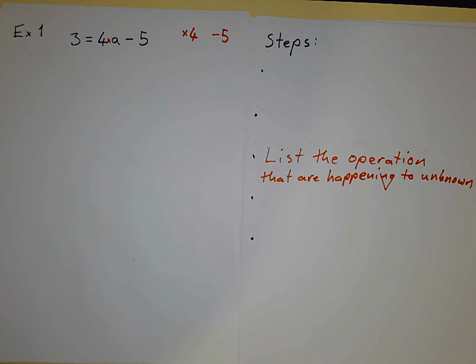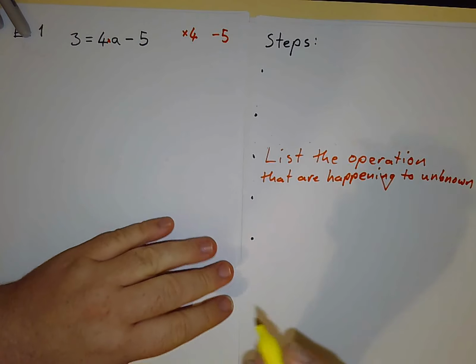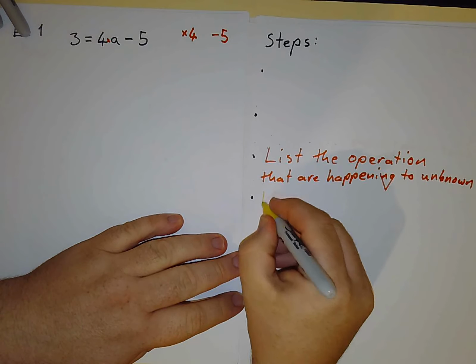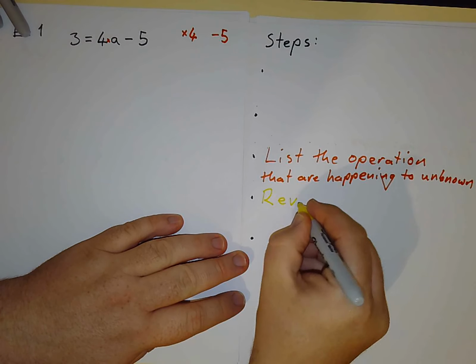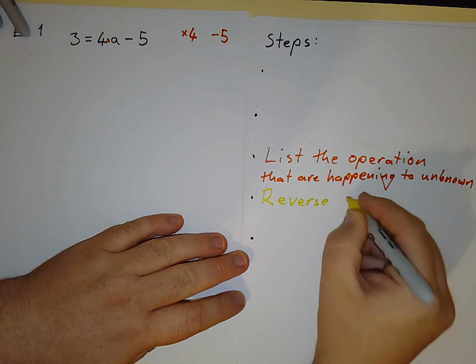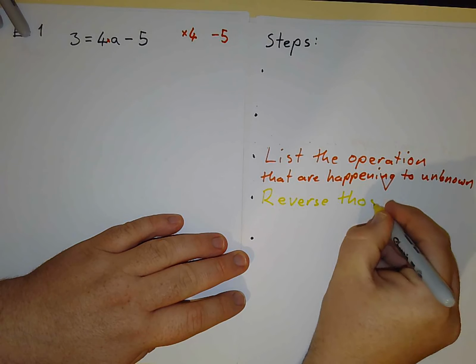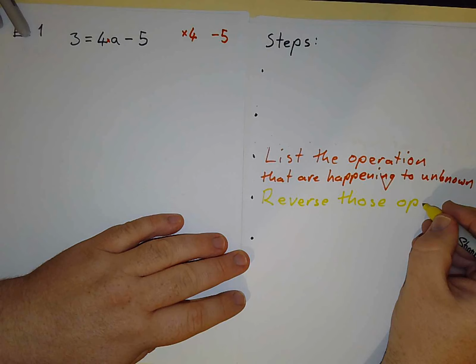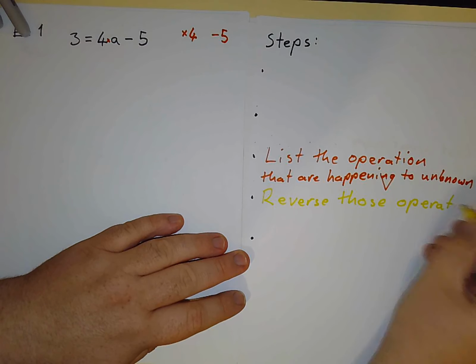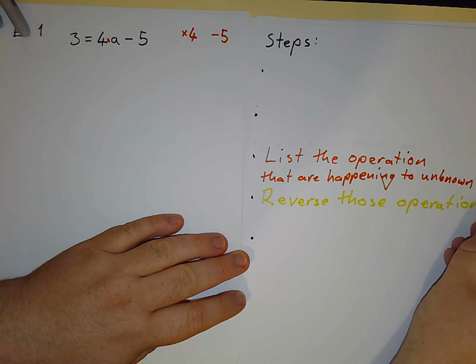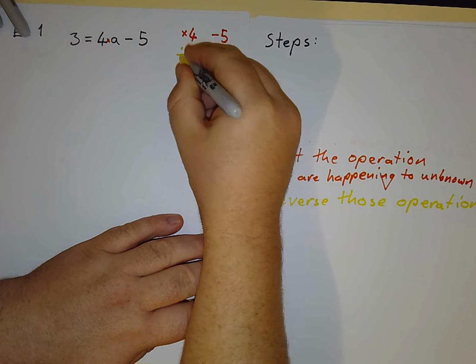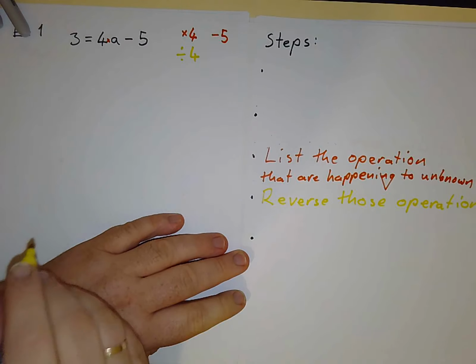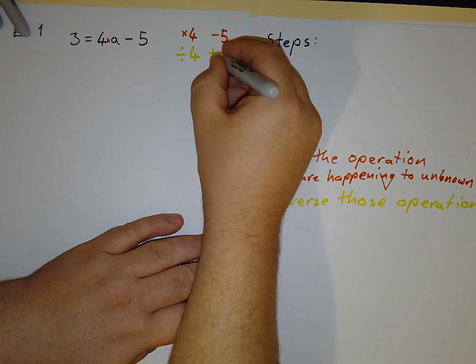So then we move on to our next step, and we reverse each of those operations. So the opposite of times by 4 is divide by 4. And the opposite of minusing 5 is plusing 5.